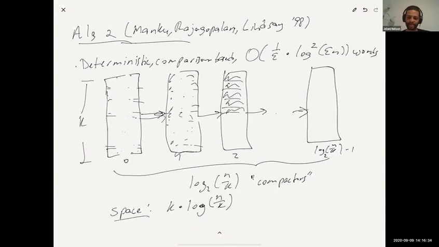And as you can probably guess, we will eventually set k to be O of 1 over epsilon log of epsilon n. And that's going to lead to the space bound. So, how do you answer queries, and how do you analyze the error?